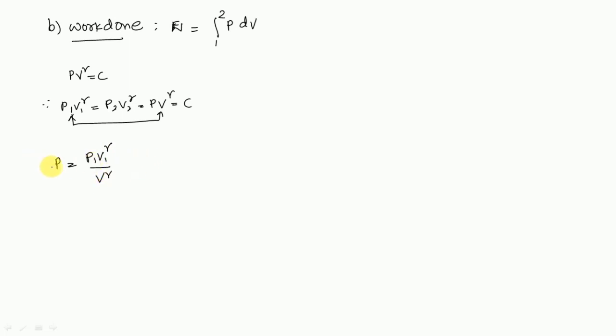Put this P value in this equation. So we get W₁₂ = ∫ P1 V1^γ / V^γ dV.